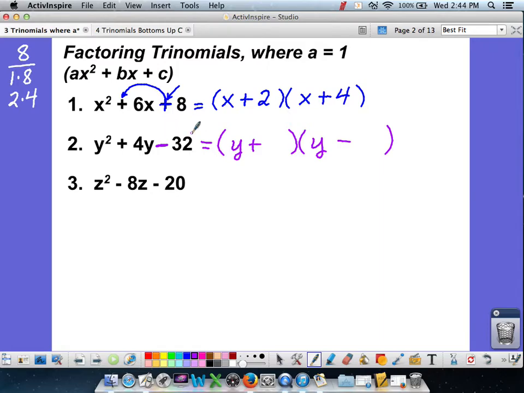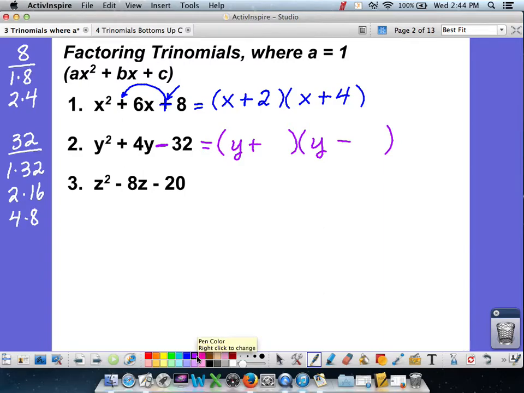So I'm looking at this difference, and here's that song I sing. What are factors of 32 that subtract and give me 4? Again, you need to know your factors. So I have 32. That's 1 times 32, 2 times 16, 4 times 8, and then I would go 8 times 4, 16 times 2, and 32 times 1.